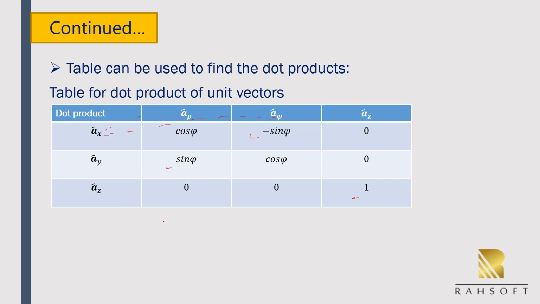Now unit vector ax dot unit vector a rho is equal to cos phi, and unit vector ay dot unit vector a rho equals sin phi, and unit vector az dot unit vector a rho is equal to 0.